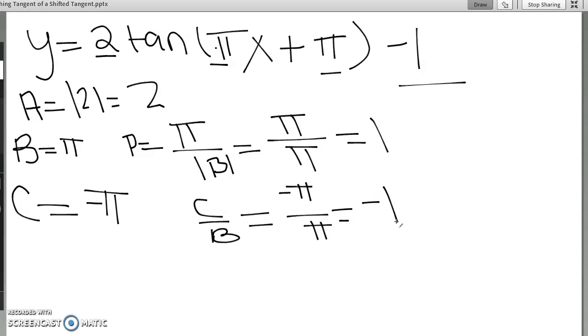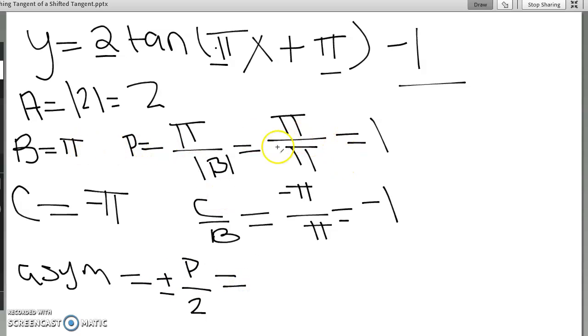And from that, we can find our asymptotes. Originally we can find them by doing the period divided by 2, and this is going to be plus or minus, so there are 2 of them.